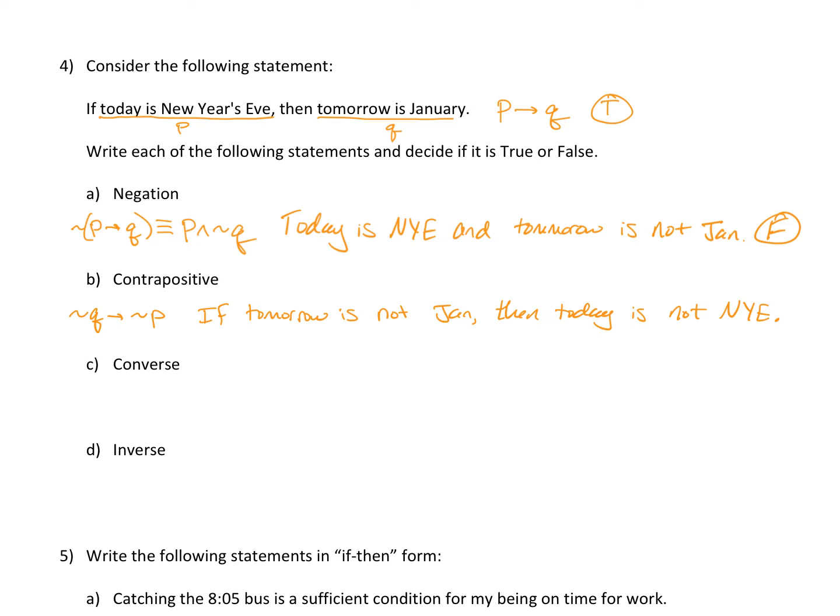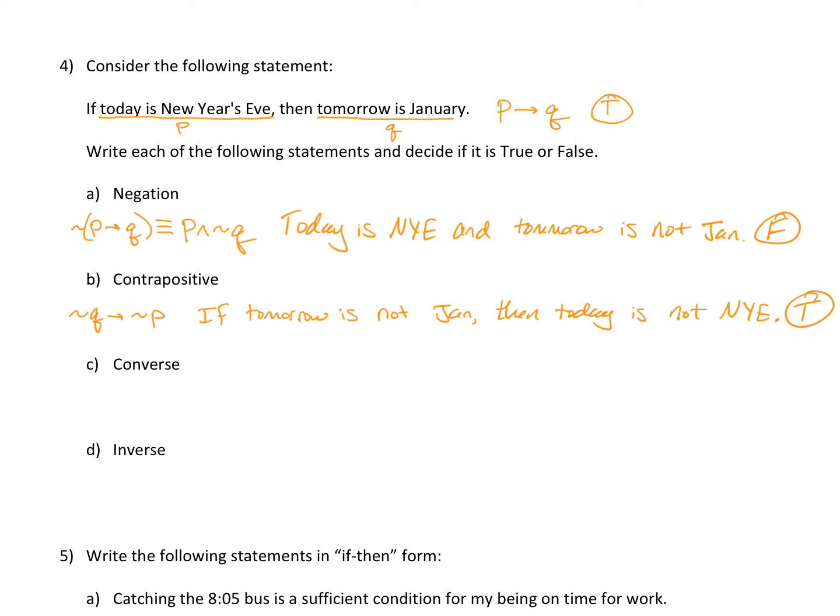And that is true. If tomorrow is not January, then it's impossible that today is New Year's Eve. So true. And you'll also recall that an implication and its contrapositive are logically equivalent, so they'll always have the same truth value.